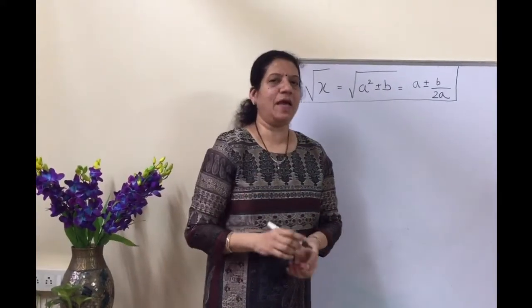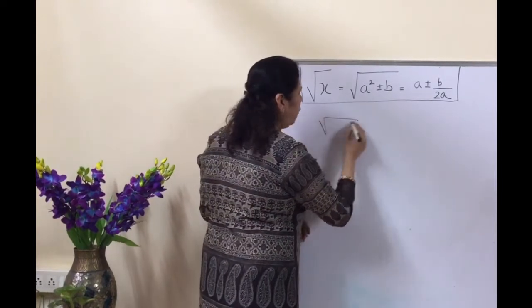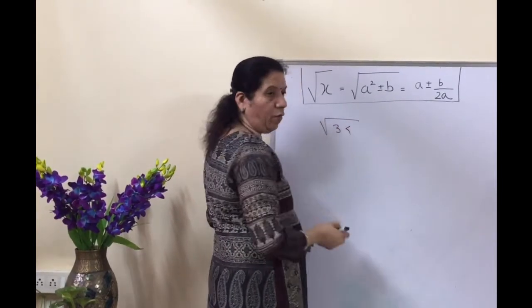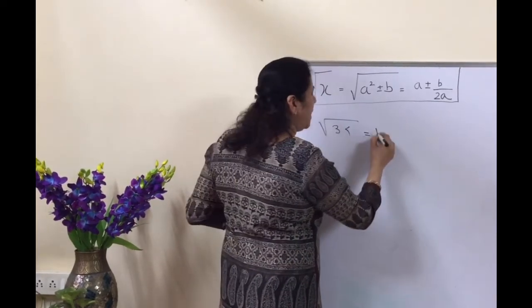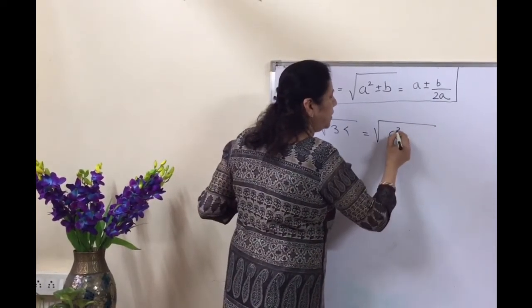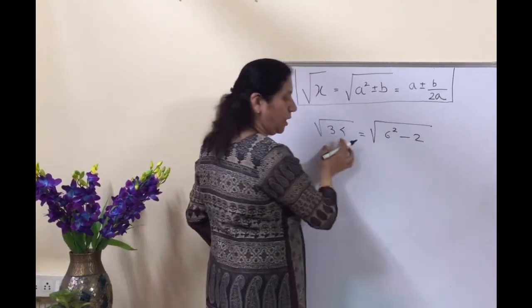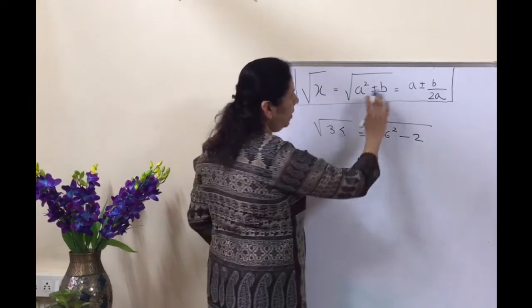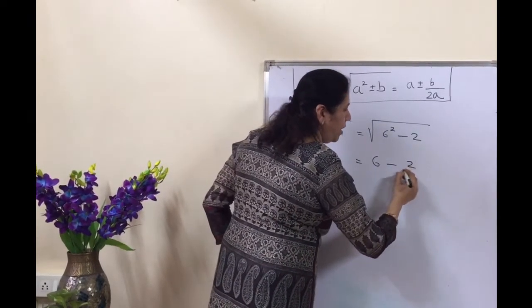Let us take one example in which we will use minus sign. Okay. Now let us find out square root of say 34. Now you know the nearest square to 34 is 36. So 36 is 6 square, but then we have to subtract 2 because 36 minus 2 is equal to 34. The formula will remain same. So what is our answer? It is 6 minus 2.